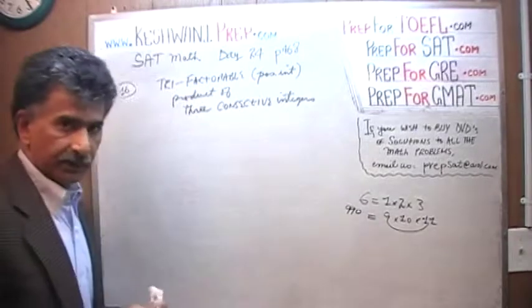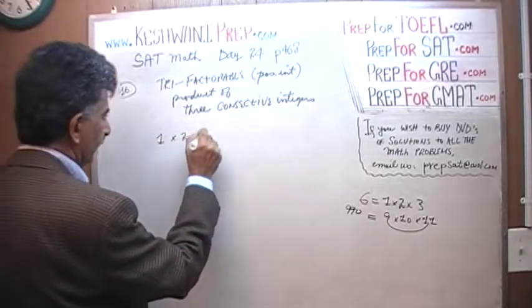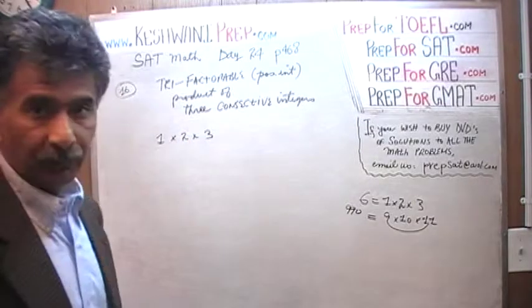For example, again, the logical thing would be to start out with 1, 2 and 3. 1 times 2 times 3. Of course that will be less than 1000.